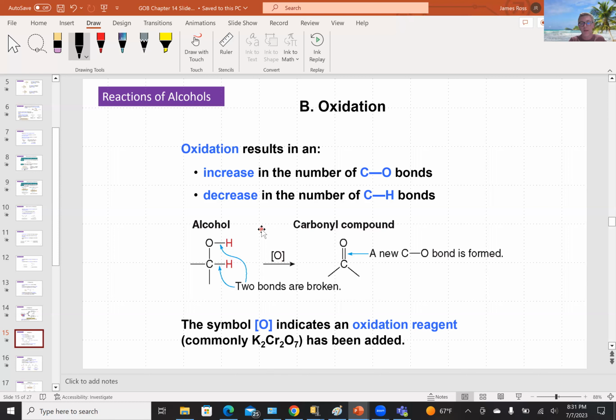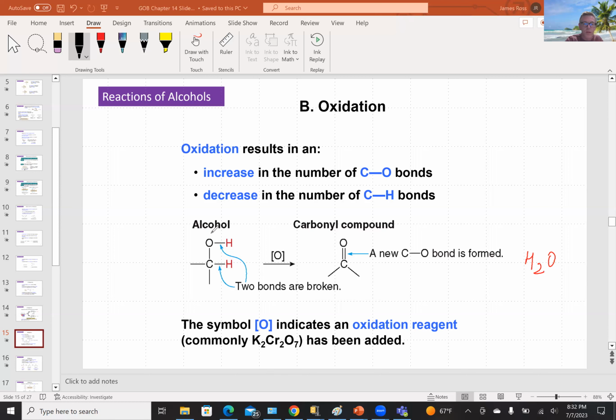We're oxidizing it. And you can see that this oxygen atom is going to combine with these two red hydrogens to become water. So I can add water here. Those are two hydrogens, our oxygen.